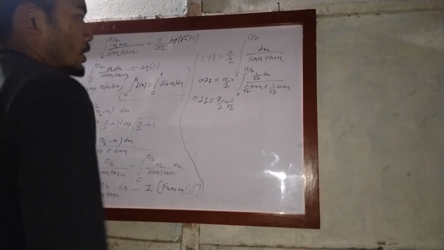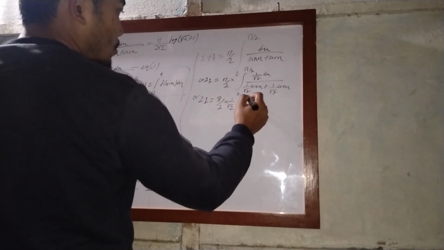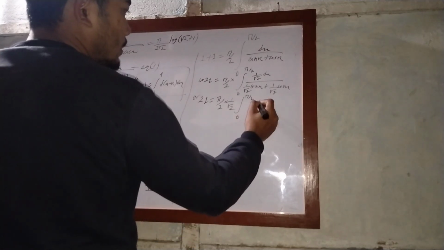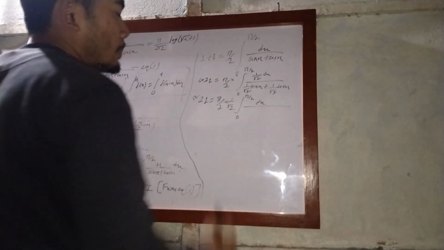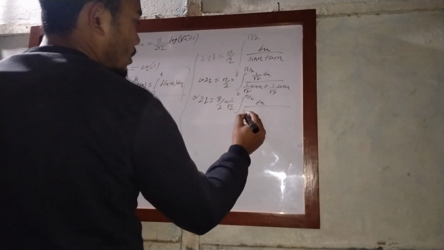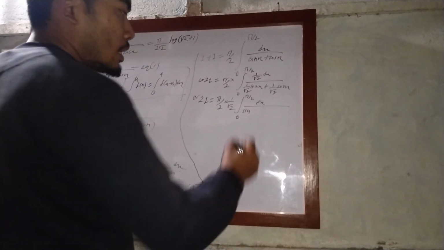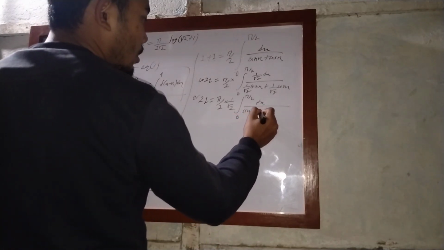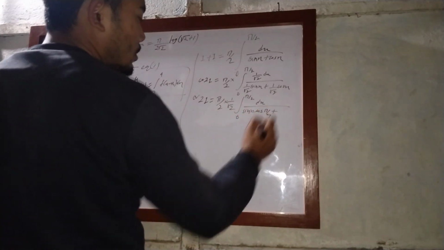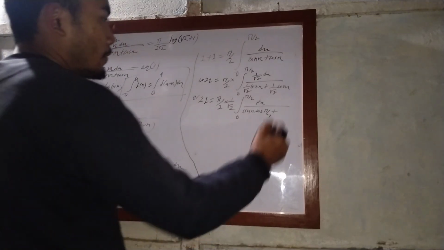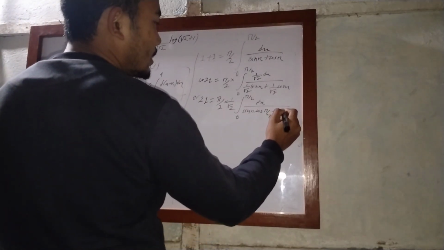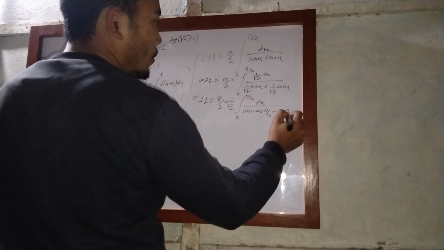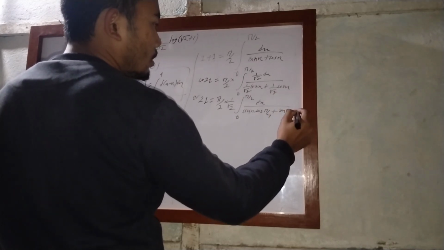Now you can take upper limit pi by 2, lower limit 0, dx by this. The 1 by root 2 can be taken as sine 45, that is cos pi by 4, plus this 1 by root 2 can be taken as sine pi by 4, and this dot cos x.